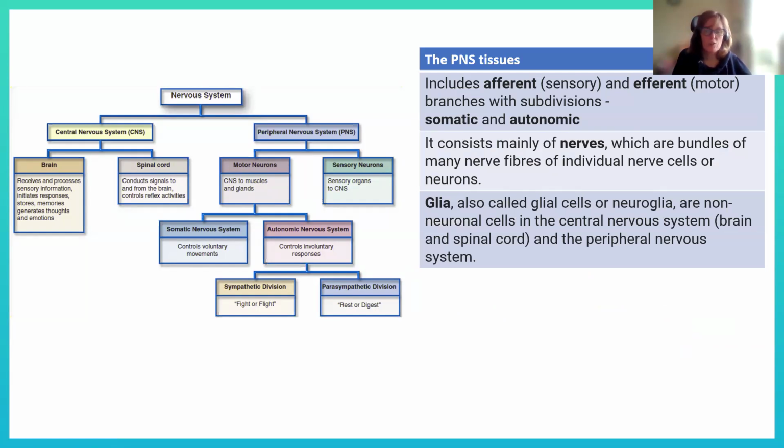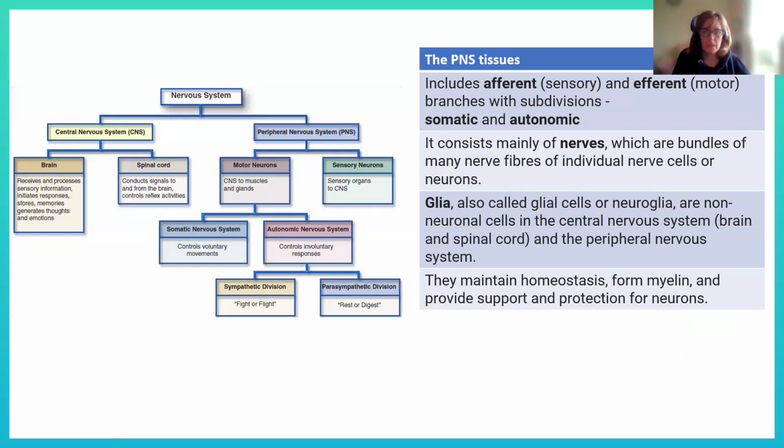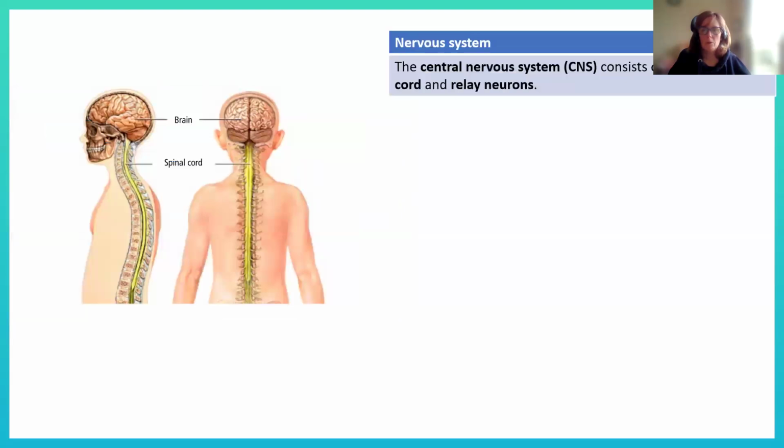These are just structural support cells. They're in the central nervous system and the peripheral nervous system, and they maintain homeostasis, which we're going to learn about later, but that means keeping things in balance. So we keep our temperature in balance, for example. We keep our blood glucose in balance. So they're important for that role.